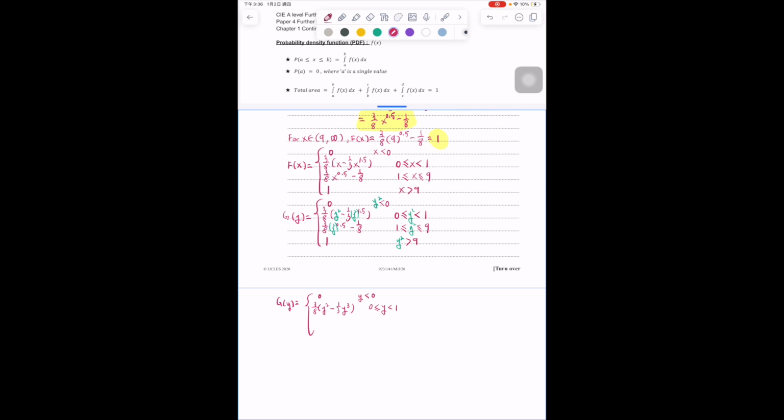For here we again have y cubed minus 1 over x. Oh, it's 0.5, so it's actually 1, so we don't have to write anything up here.